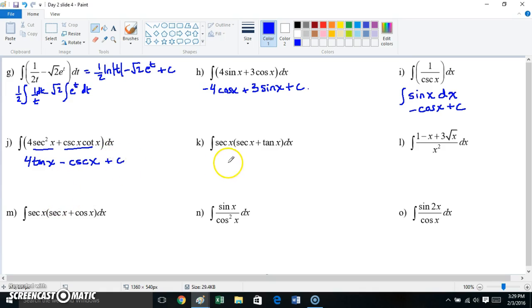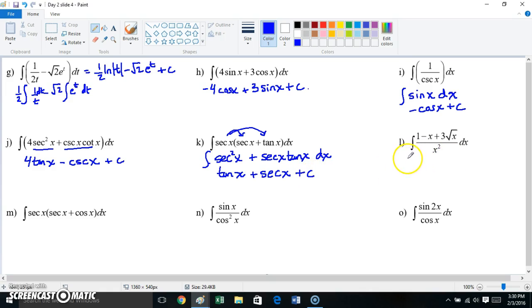All right, letter K. Distributing, we get secant squared x plus secant x tangent x. The integral of secant squared x is tangent x. The integral of secant x tangent x is secant x.